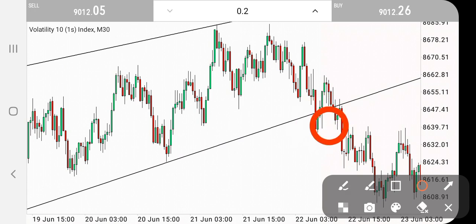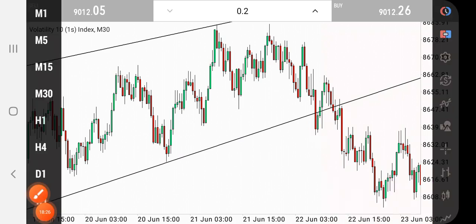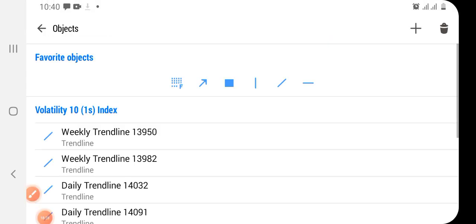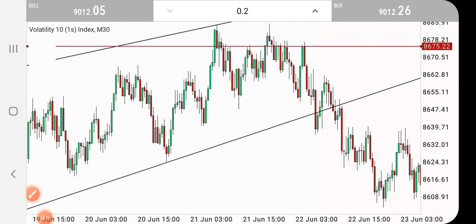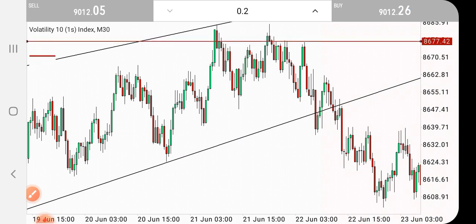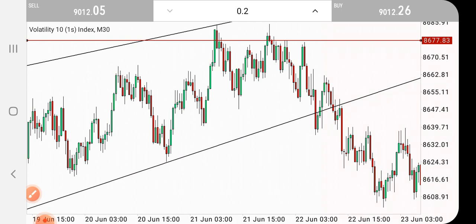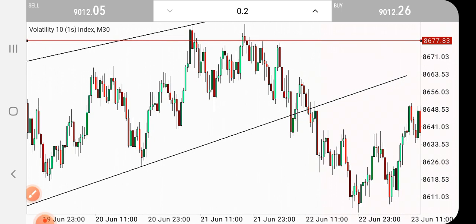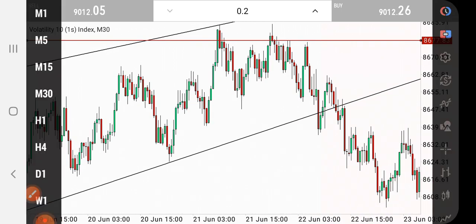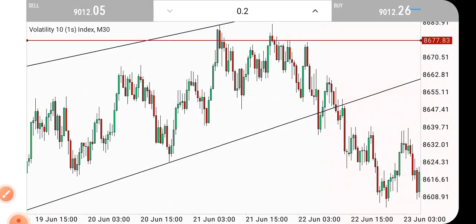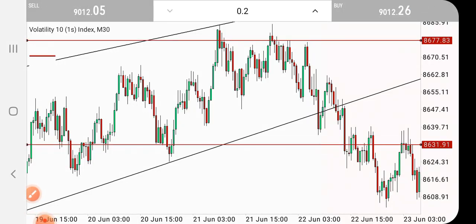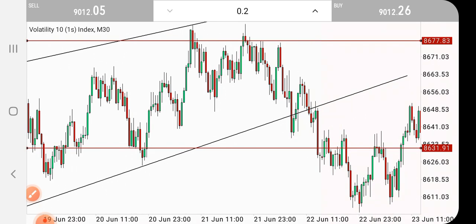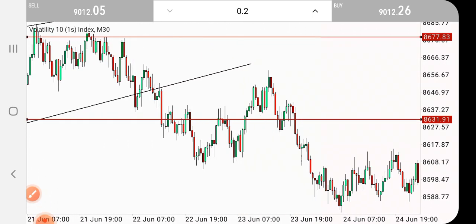Where do we put our stop loss? Our stop loss should be here on the previous higher low. Then our TP should be here. This is our first take profit.